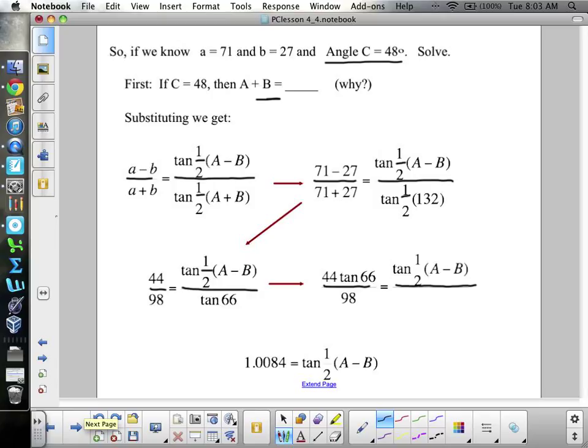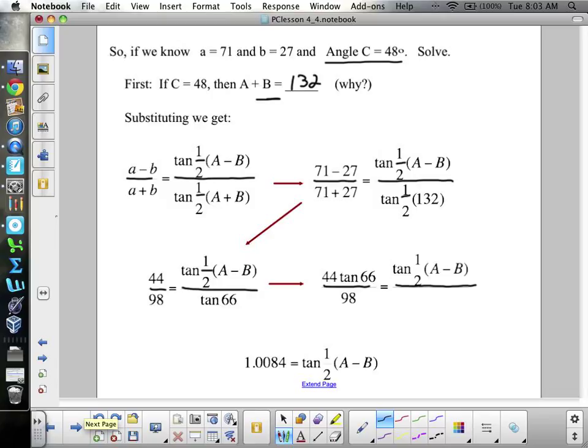If angle C is 48 degrees, then A plus B has to be 42 would be if it added up to 90. What do triangles add up to? 180. There we go. So 132, because again, the other two angles must add up to 180.